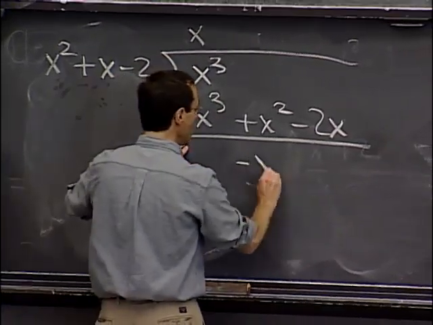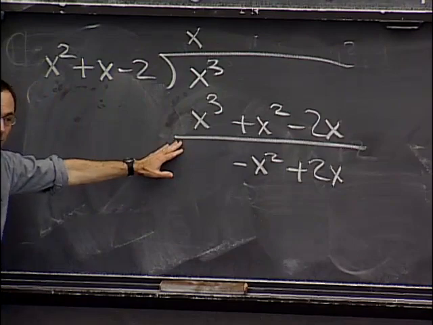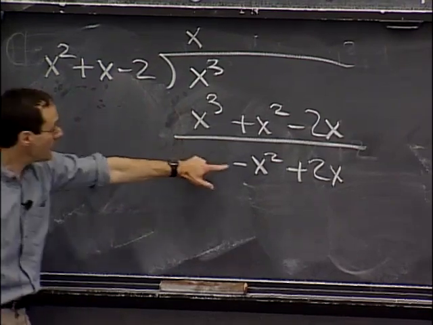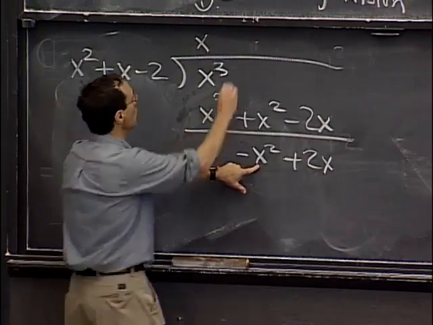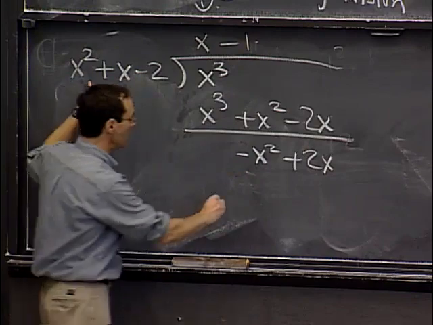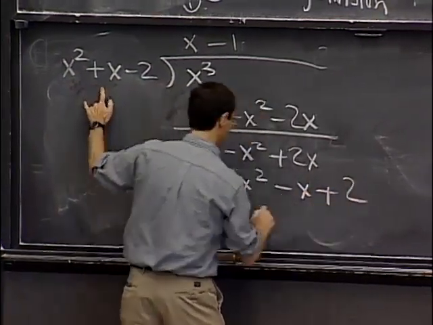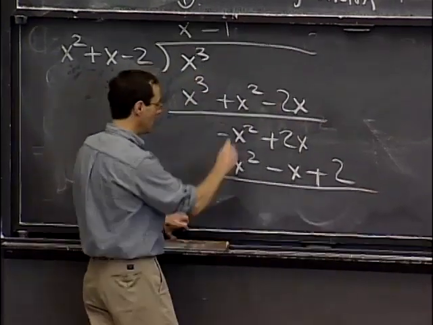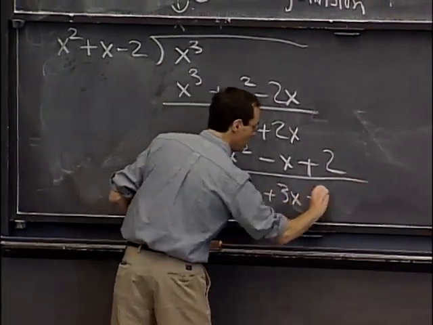So we get here minus x squared plus 2x. That's the difference. And now I need to divide this next term in, and I need a minus 1. So minus 1 times this is minus x squared minus x plus 2. And I subtract, and the x squareds cancel, and here I get plus 3x minus 2.